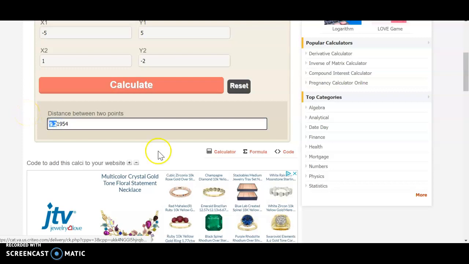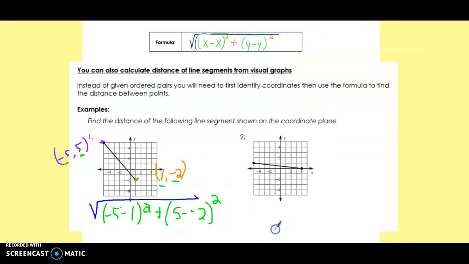So for this first example, 9.2 is the distance of this diagonal two-dimensional line. So it's going to be 9.2. And again, distance you're going to find is always positive. And using that online calculator, you're never going to go wrong unless you enter in your coordinates wrong or they're the wrong coordinates, but it will be able to calculate it appropriately for you.